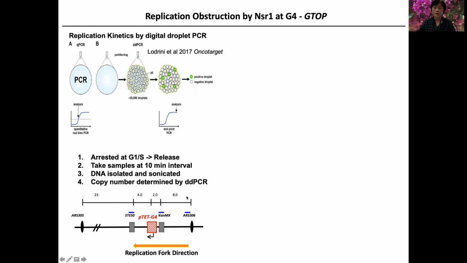So if you do this for 3 different locations around our G4 sequence, R306 is where the replication starts. It's a replication starting sequence, and there is another location upstream, and then another location that replication has to go through the G4 to reach, which is ST50.